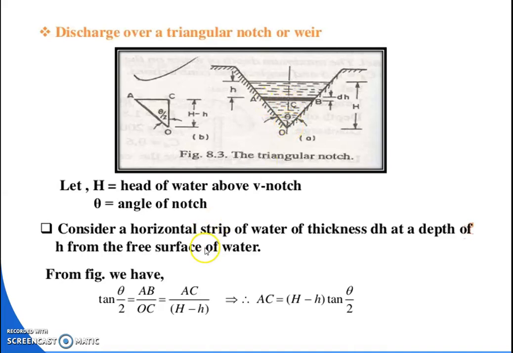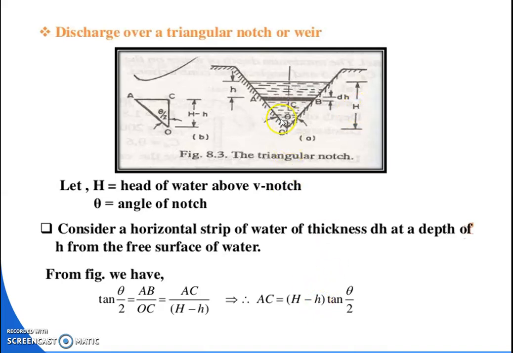OC means the total height, where small h is the height of the small strip from the free surface of the water sheet. The depth OC is capital H minus small h.